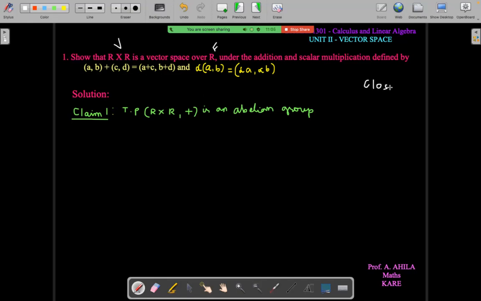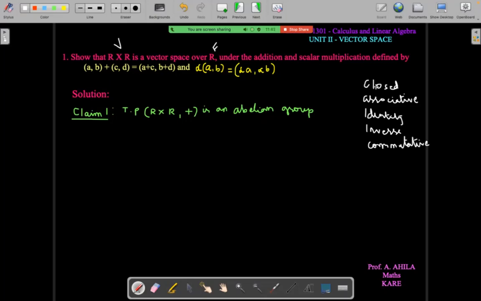First one is closed, next associative, then existence of identity element and existence of inverse, and at last commutative. So if we prove these 5 conditions, then we say it is an abelian group.